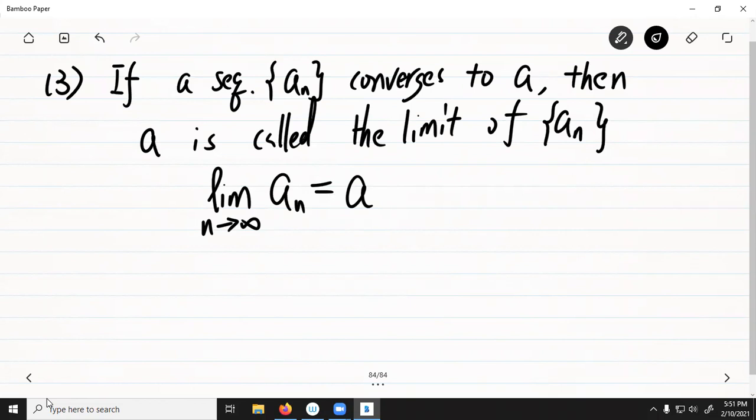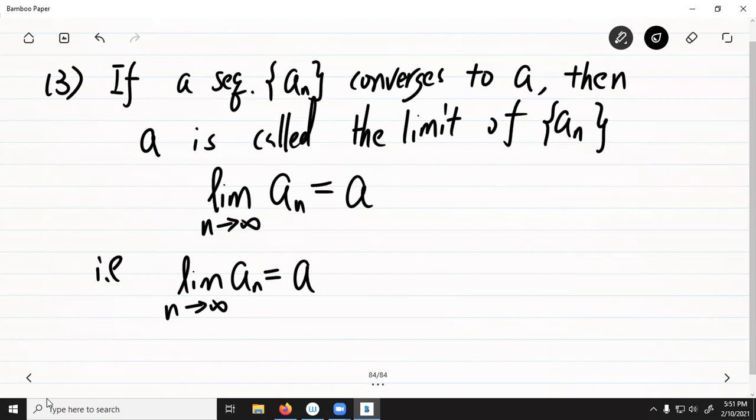But here I just want to say that the definition of convergence of a sequence also gives you the definition of this limit. In other words, the limit as n approaches infinity of a_n equals A. What does this mean?